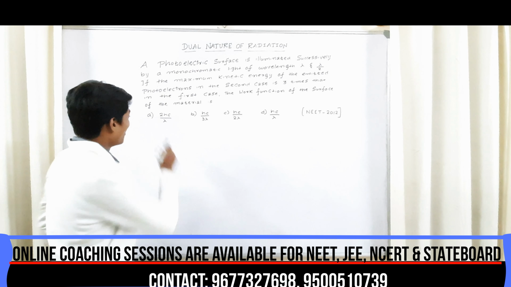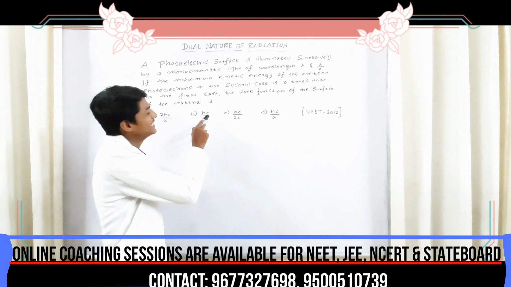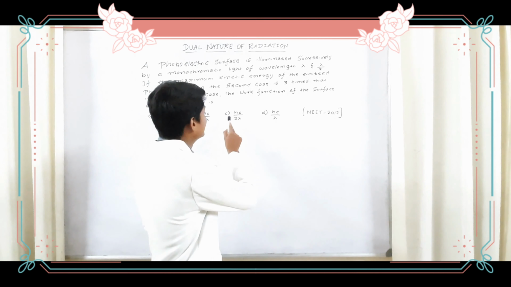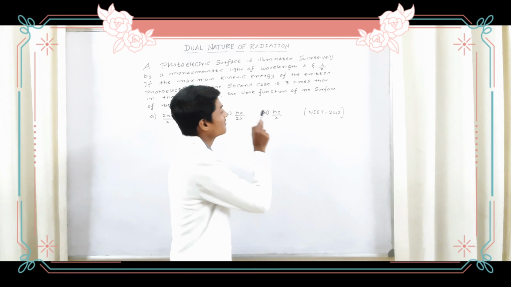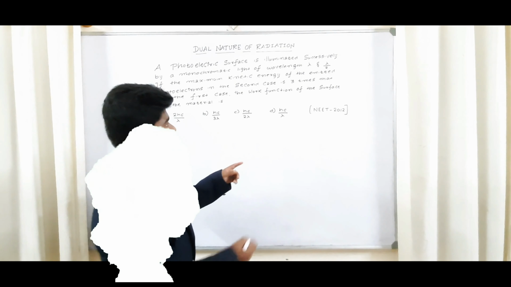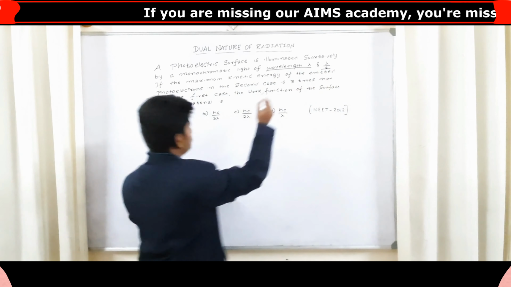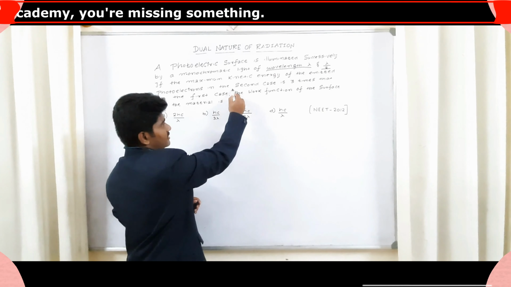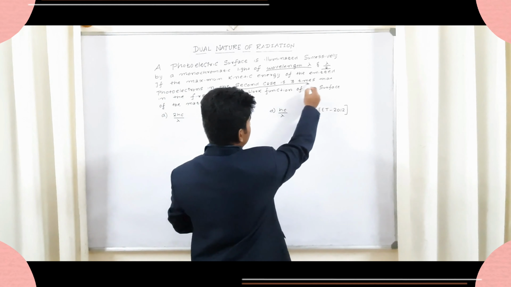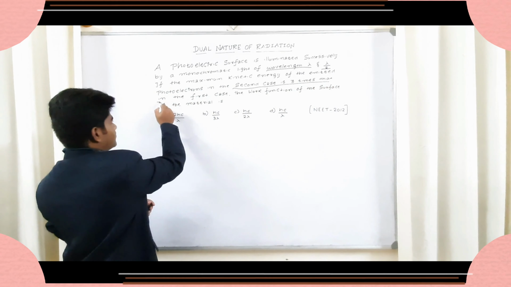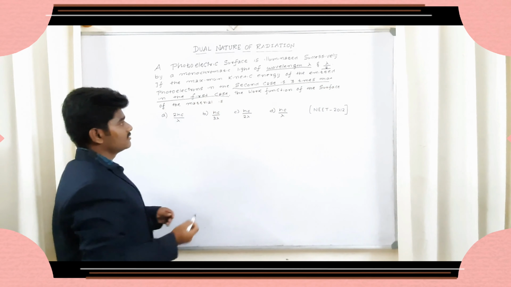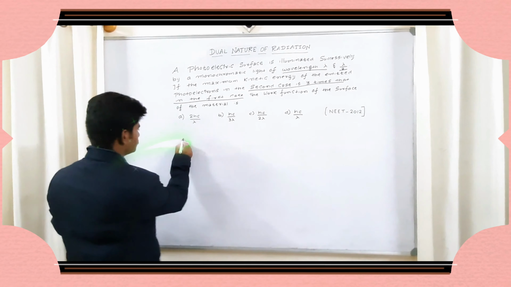The options are option A 2Hc by lambda, option B Hc by 3 lambda, option C Hc by 2 lambda, option D Hc by lambda. In this question, the important points are wavelength lambda and lambda by 2. Another important point is that the second case is 3 times that in the first case.